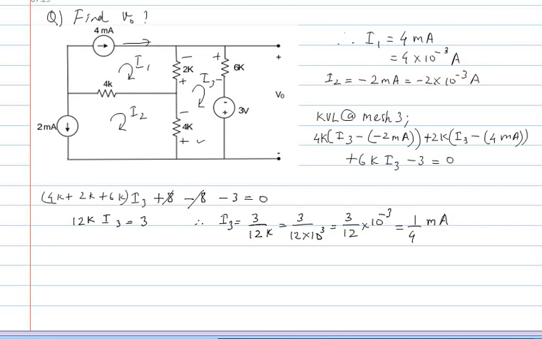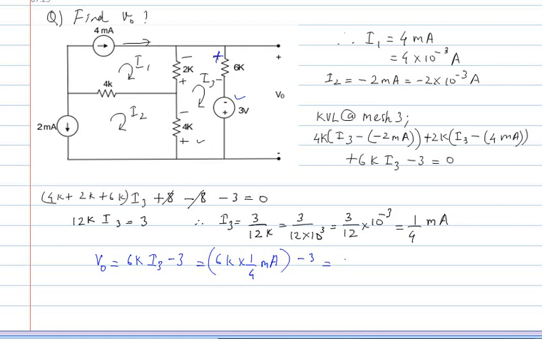Therefore V0, now what is V0? So let me use a different color for the final answer. So V0 is going to be equal to, see, this is same direction, plus, so 6K into I3, and this is in the opposite direction, so minus 3. So 6K I3 is into 1 by 4 milliamps, the whole minus 3.